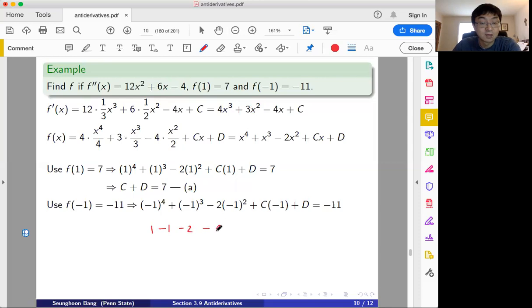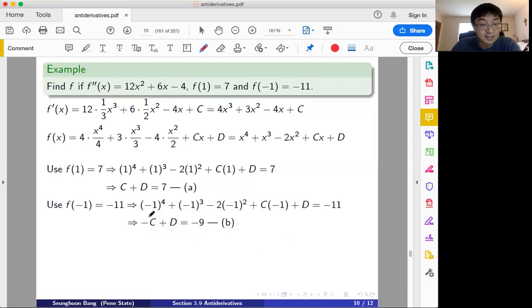So this is negative c plus d equals minus 11. 1 is cancelled. You just add 2 to both sides. So 2 is cancelled. Negative c plus d equals negative 9. So we have it like this.